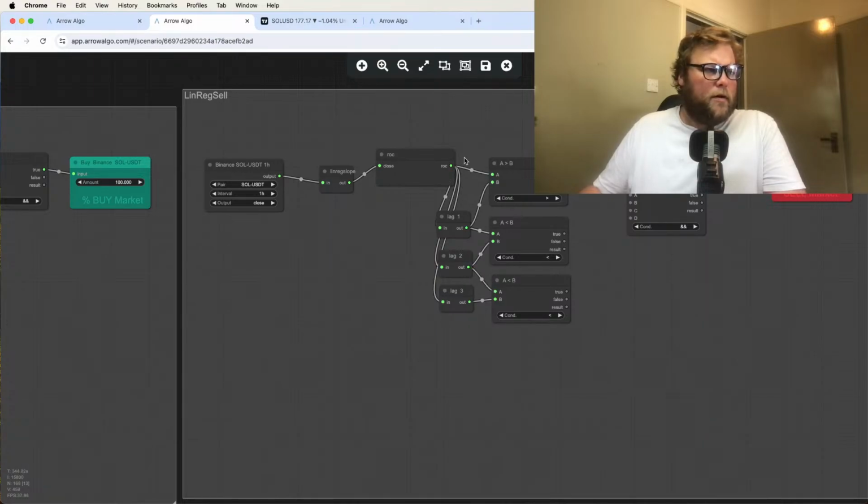So we want the current linear regression to be less than instead of more than, and the last two to be more than.